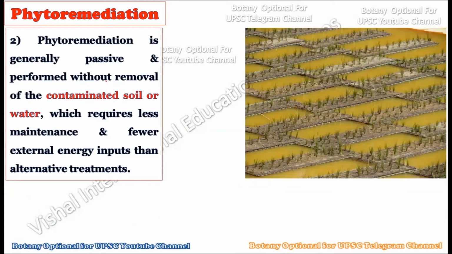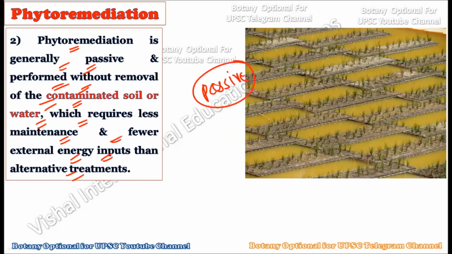Now, the second advantage provided by phytoremediation is that it is generally a passive process, performed without the removal of the contaminated soil or water, which requires less maintenance and fewer external energy inputs than alternative treatments. Basically, what we are saying here is that phytoremediation is quite a cost-effective technique. It's a passive technique. Not much energy is needed, and not much labor is needed. Simply, we just plant the trees in the polluted areas, and once you plant the trees in a polluted area, that's over.